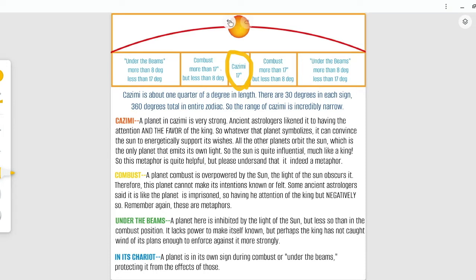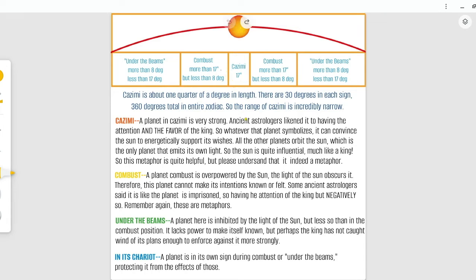It is also something that every planet becomes as it moves through its orbit whenever it forms a conjunction to the Sun. But it doesn't generally last for very long because Cazimi can only occur when the planet is within 17 minutes. So you have to remember that minutes are less than degrees. There are 60 minutes for every degree.